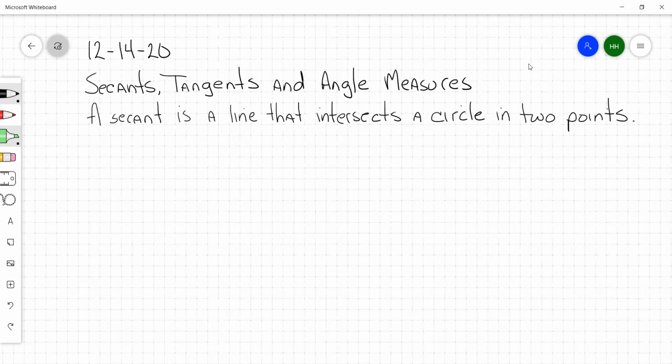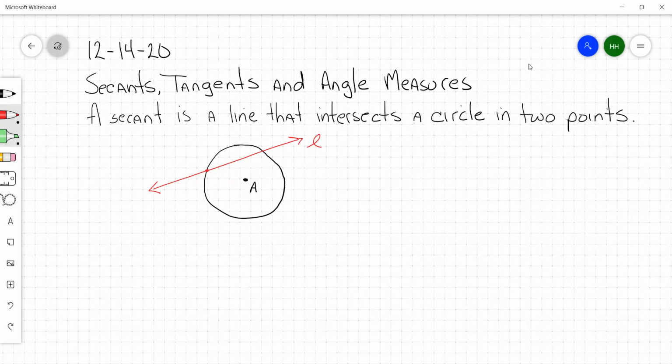So let's draw a picture of one. Here's circle A. Here's secant L. All right, that's a line that intersects a circle in 2 points.